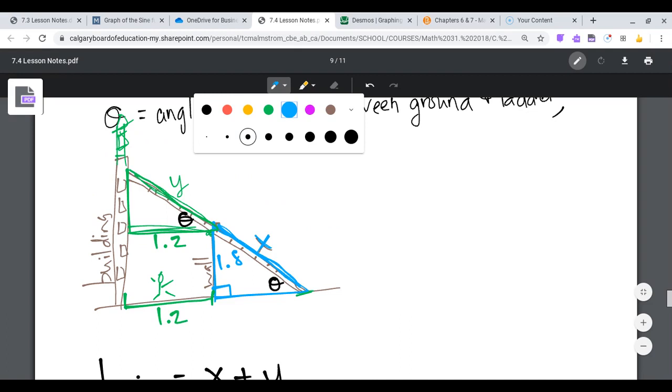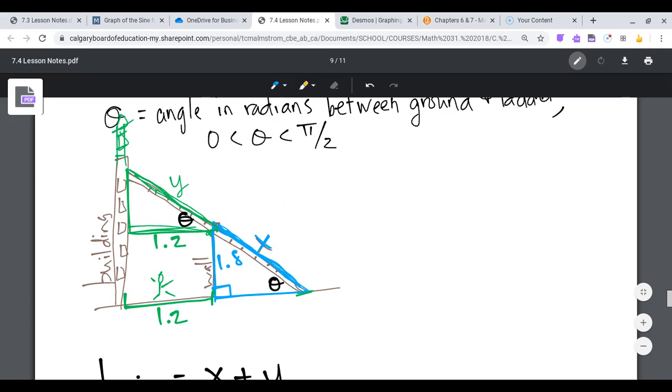So if I look at the blue triangle and I'm thinking SOHCAHTOA, x is the hypotenuse and 1.8 is opposite my theta. So this is actually a sine relationship. So I have sine theta is equal to opposite, which is 1.8, over the hypotenuse, which is x.